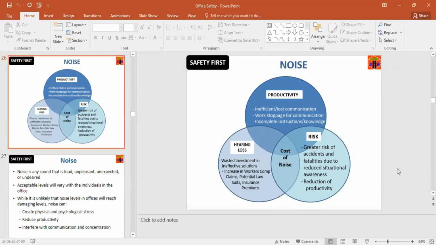How noise may lead to a greater risk of accidents and fatalities due to reduced situational awareness and reduction of productivity. These are the costs, these are the outcomes of a noisy workplace.